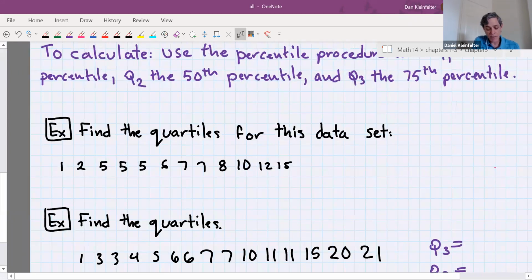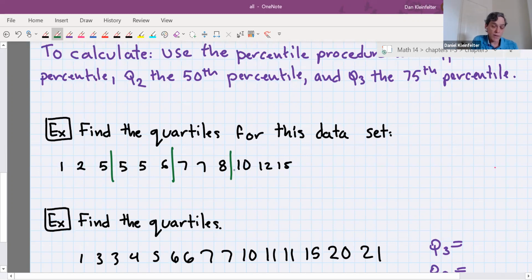So let me see how many numbers there are. There are 1, 2, 3, 4, 5, 6, 7, 8, 9, 10, 11, 12. Luckily for us, there are 12 data values. So let me first divide that in half. 1, 2, 3, 4, 5, 6. So there should be 6 above and 6 below. And then each half, we're going to divide in half again.